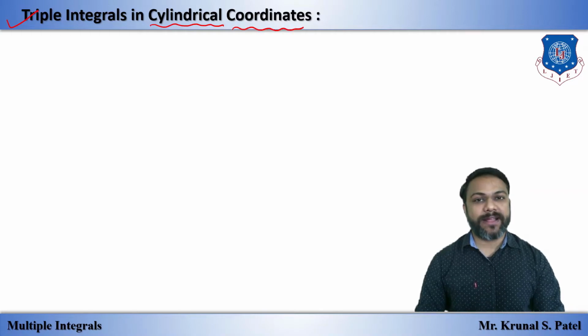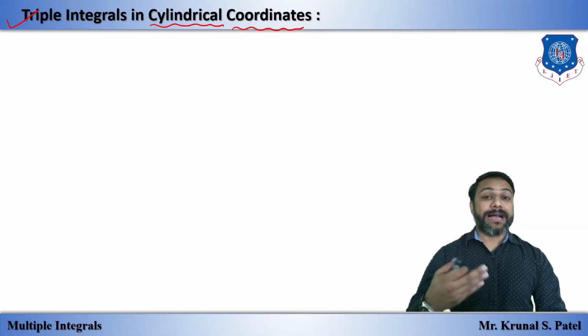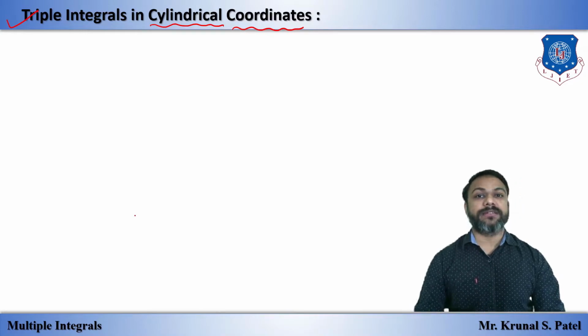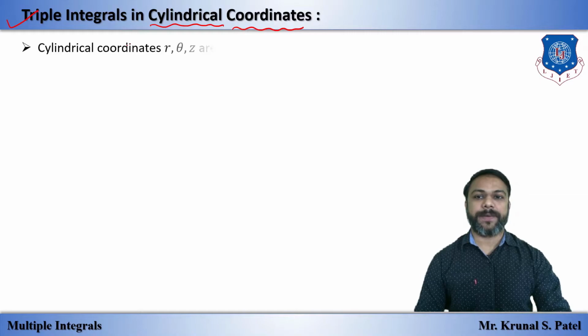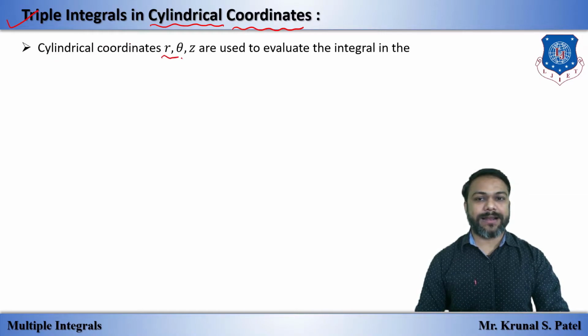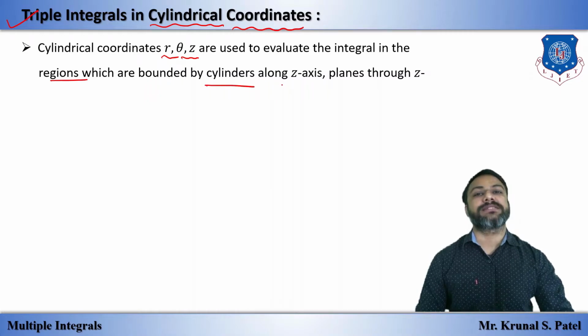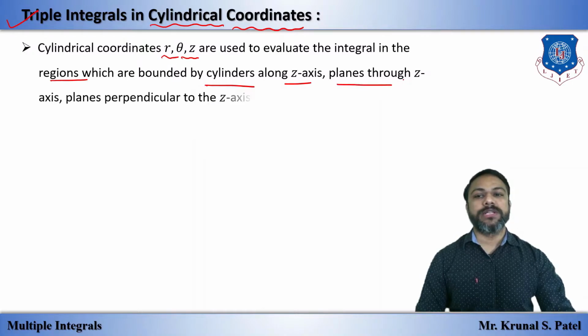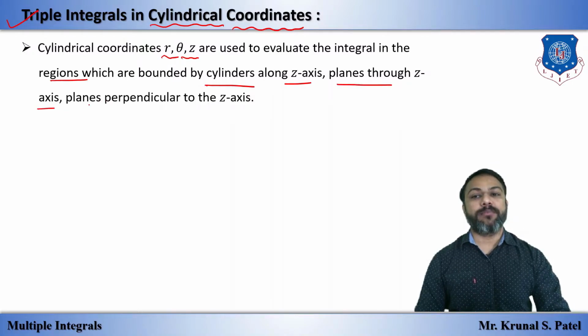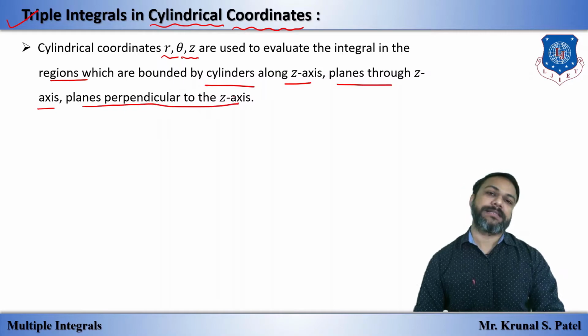So what is the cylindrical coordinate system, and how can we convert the given Cartesian to cylindrical coordinates? Let's have a look at this topic. So cylindrical coordinates r, theta and z are used to evaluate the integral in regions which are bounded by cylinders along the z-axis and planes through the z-axis and planes perpendicular to the z-axis.